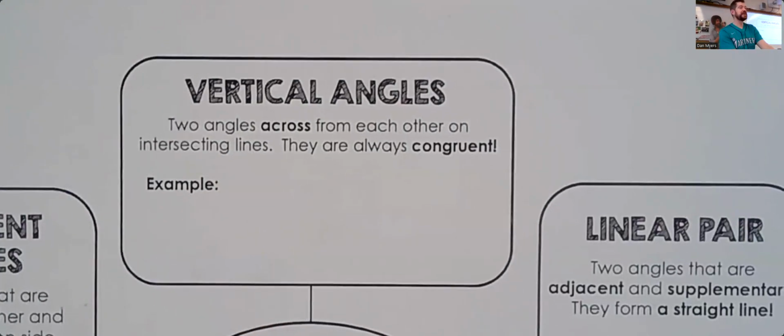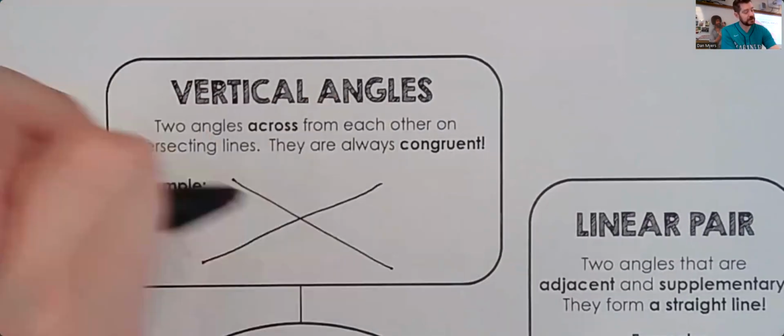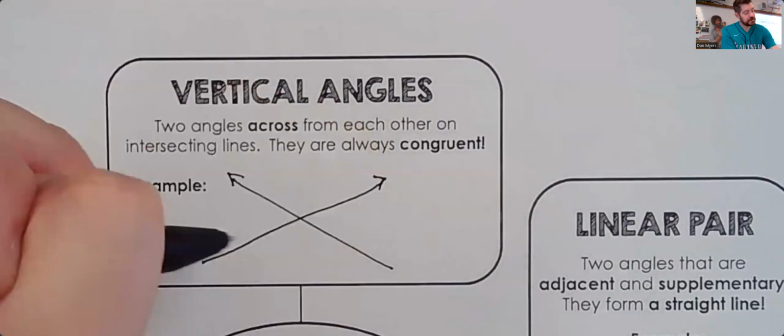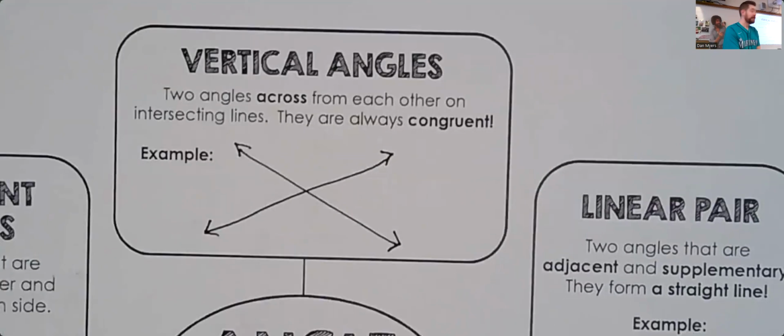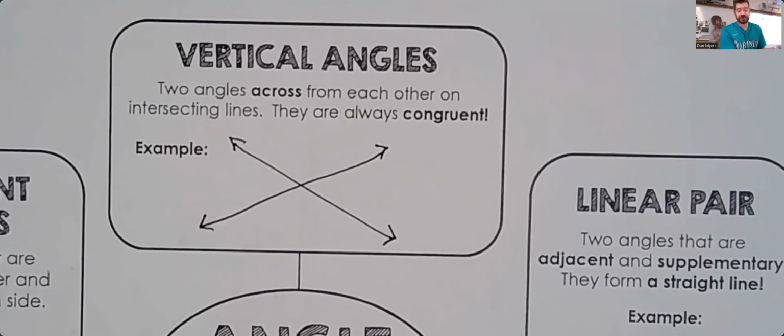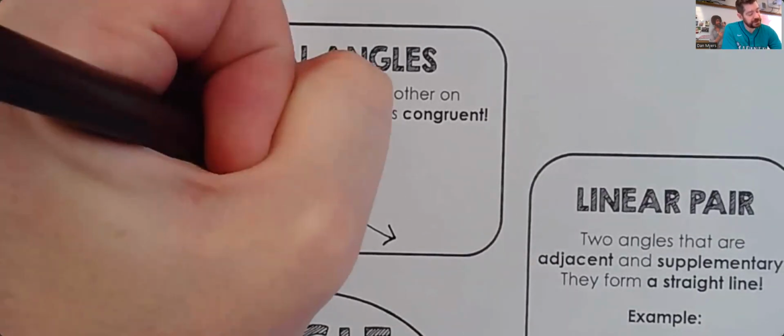So these are how angles can relate to each other. We got vertical angles. And there's more space here to do diagrams than we had on the dictionary as well. And I'm just going to draw the exact same one. So let's say we got angle 1, 2, 3, and 4.